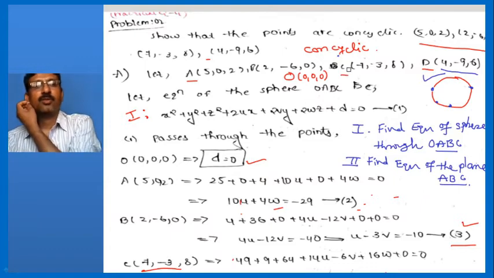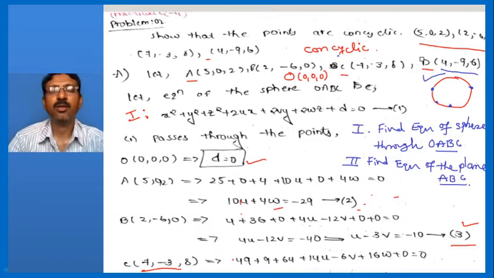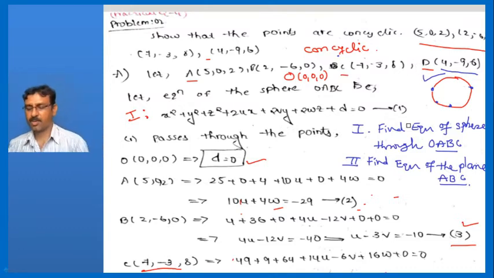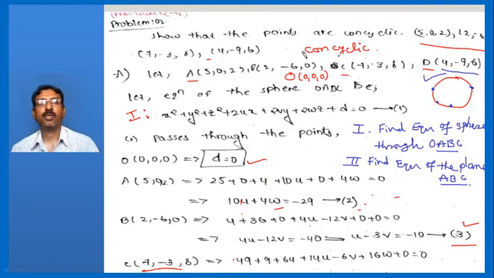Okay, if the problem is very logical, the solution is in a logical way. The problem is: 4 points are given, and they are concyclic. So what is the meaning of concyclic?